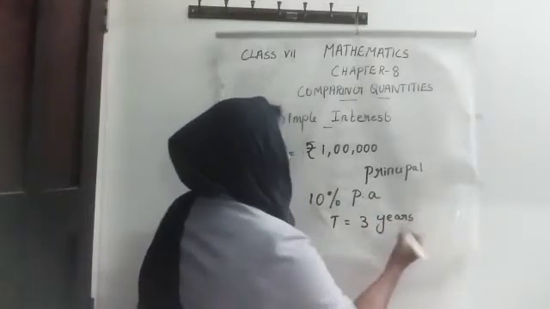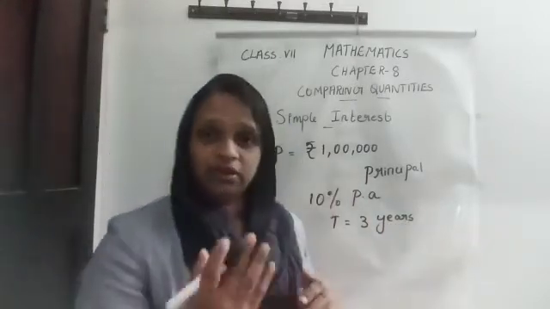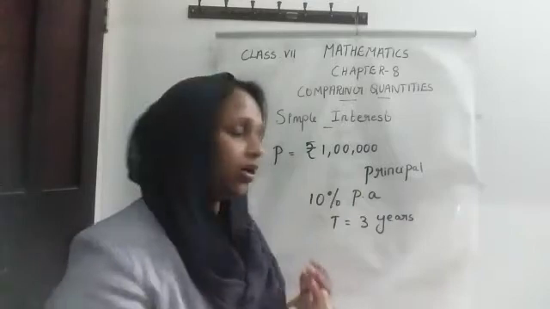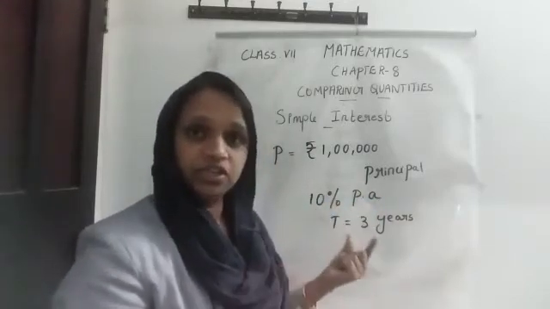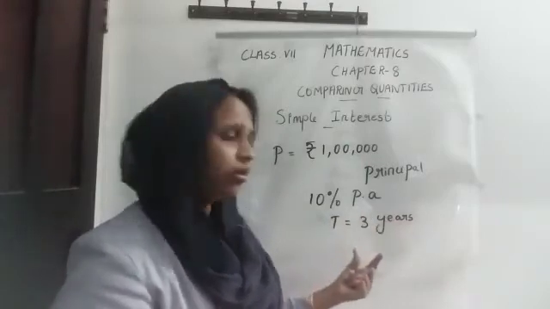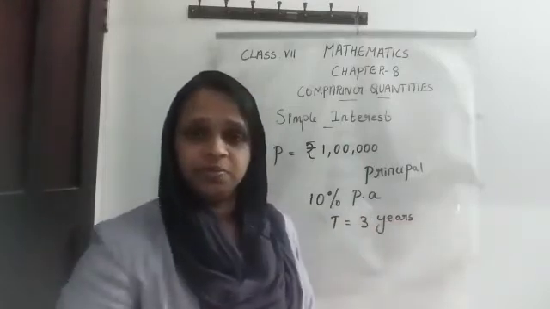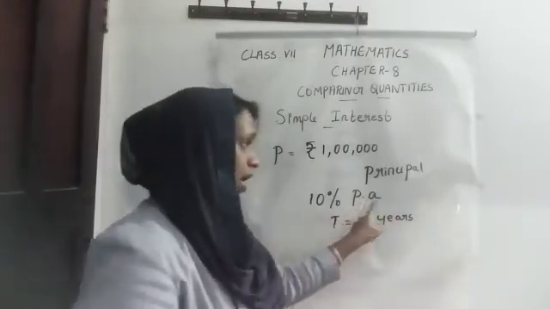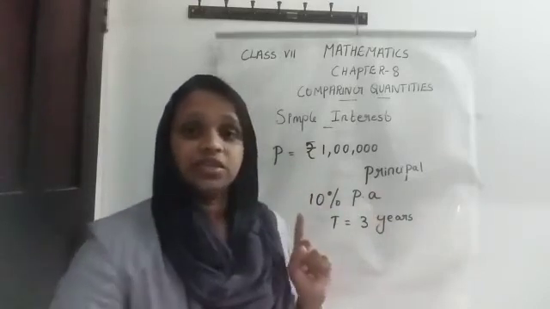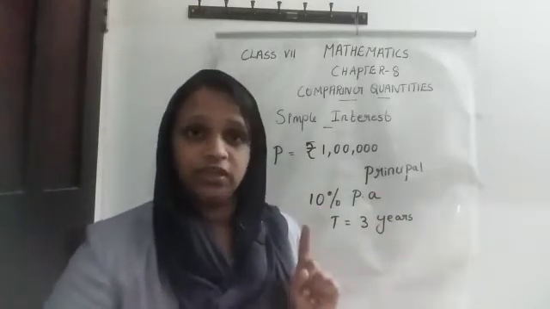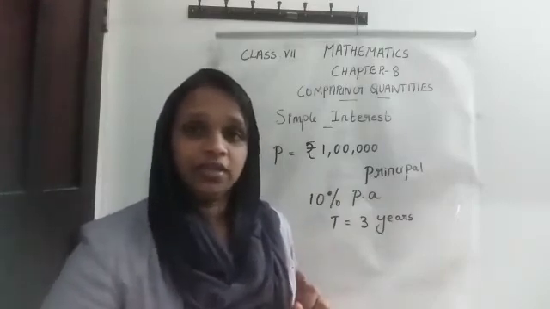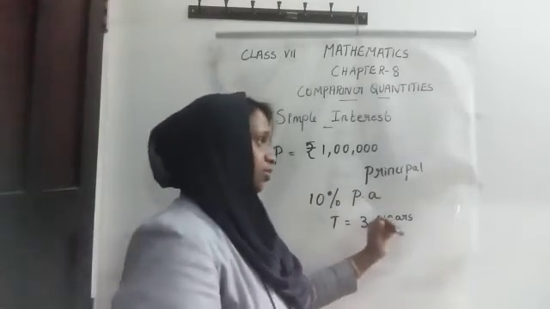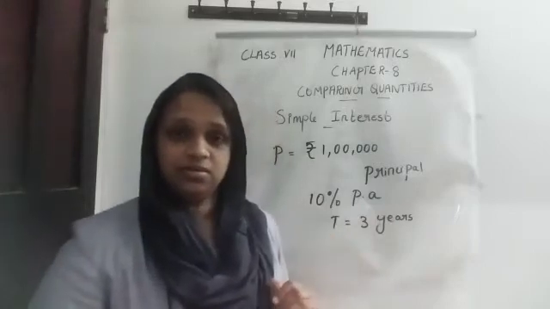Per annum means interest for 1 year. Like that, we want to calculate the interest for 3 years.